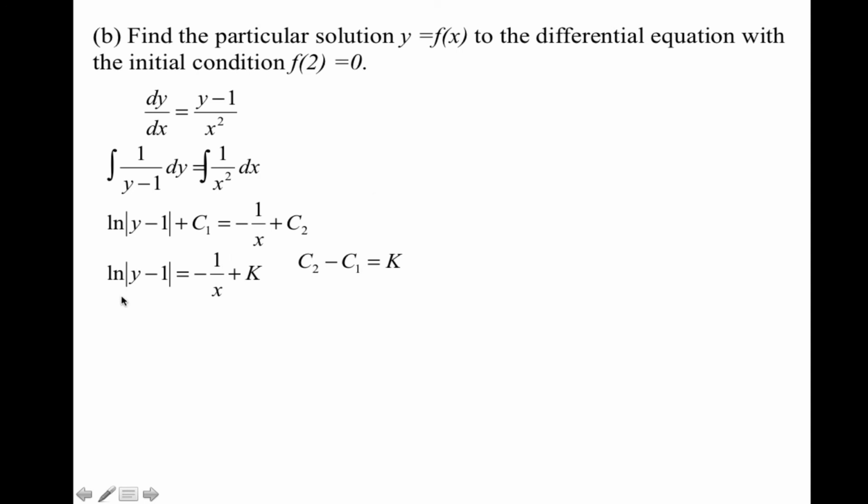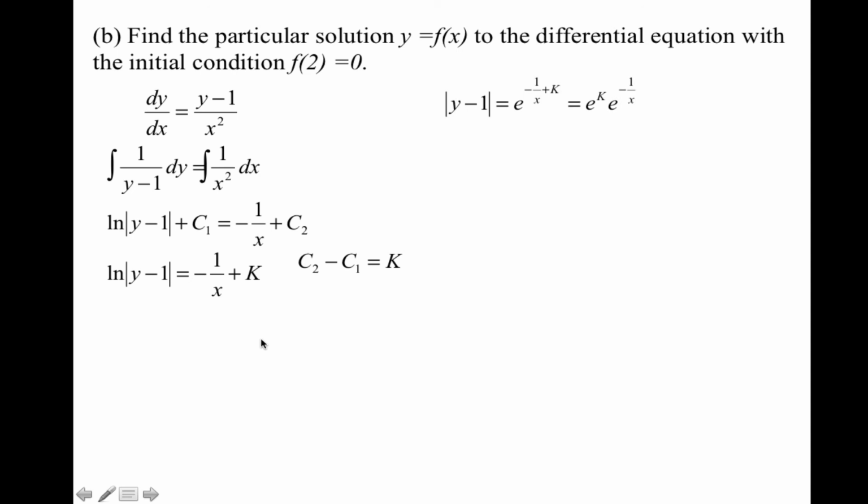Typically at this point, you would want to plug in 2 for x and 0 in for y so that you can solve for k. So you can do that now. Or what I ended up doing is I went a little bit further to try to get y by itself by exponentiating both sides.